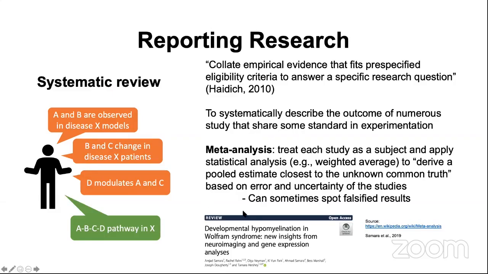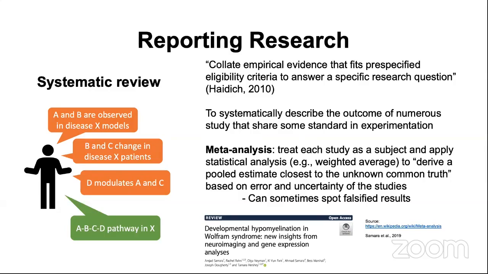This technique is also sometimes useful for spotting falsified results. For example, if you have 100 research papers in a meta-analysis, and one of those 100 papers contains made-up results, it is more likely for that paper's results to deviate or stand alone against all other papers.